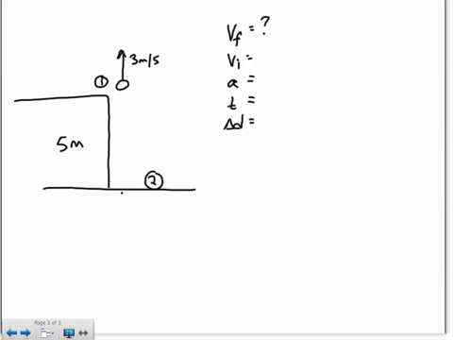Do we know the initial velocity? 3 meters per second, positive or negative? Positive, it's going up. Acceleration? Negative, because acceleration always goes down. Time? Don't know. Change in position?